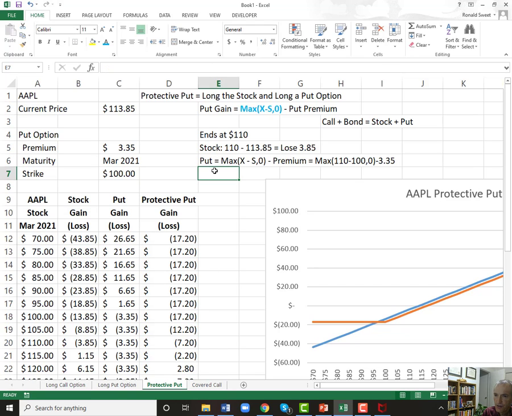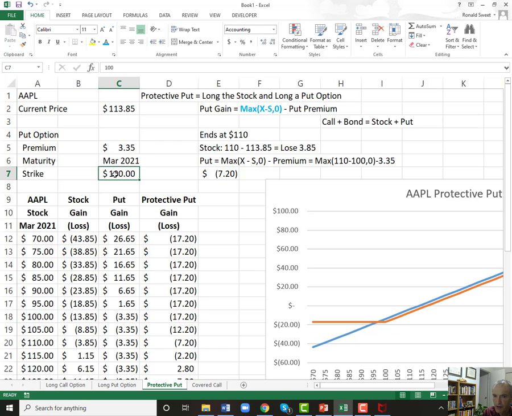So how do you do on this particular transaction? You lose 3.85, you lose the 3.35. At 110, you lose $7.20. You lose $3.85 because the stock fell from 113.85 to 110, and you lose $3.35 because the option expired out of the money.